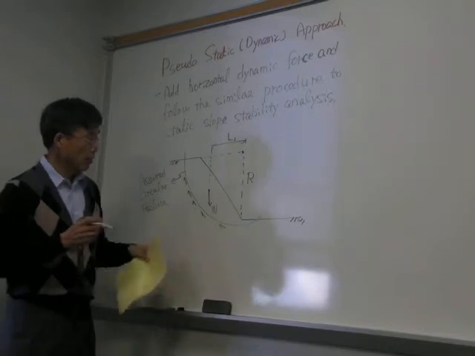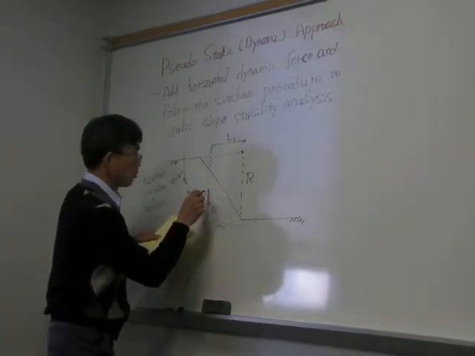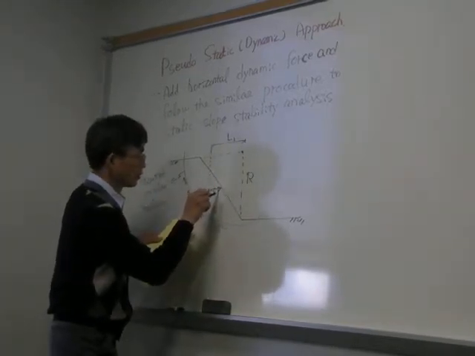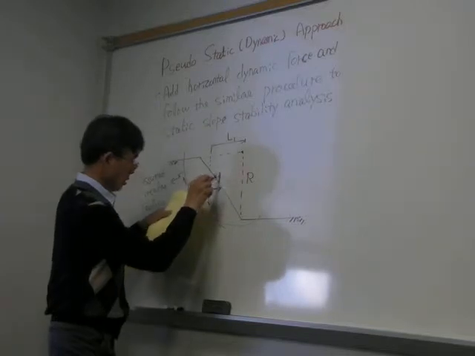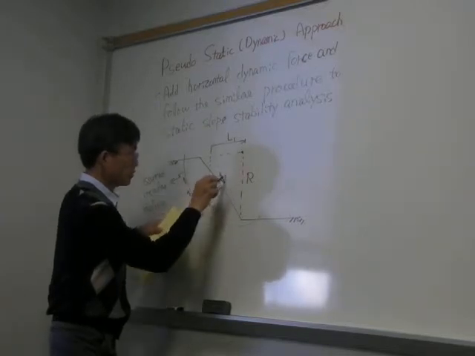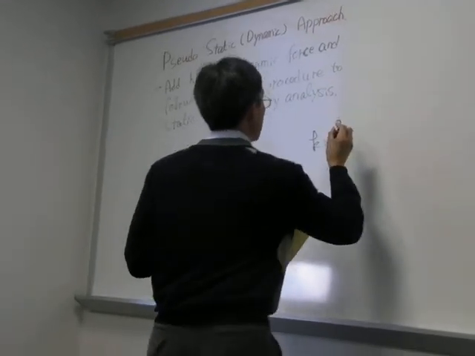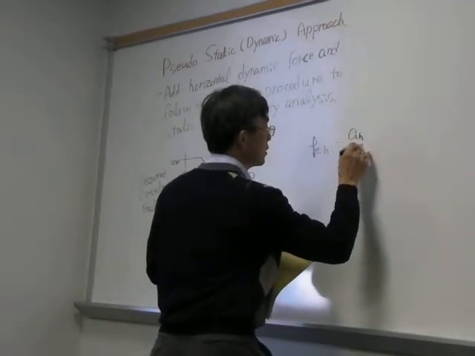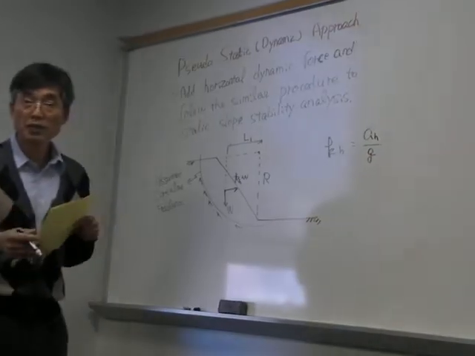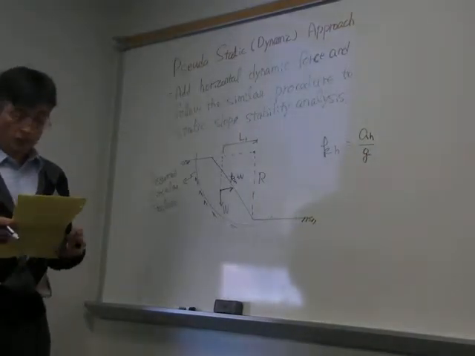So I will say along this way. So K sub H times W, where K sub H is horizontal acceleration divided by gravity, the same concept as the previous one.